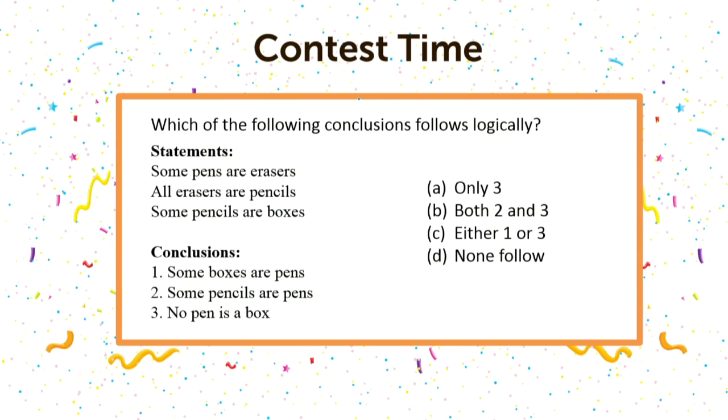Today we are discussing the Venn diagram method. Make the Venn diagram and find out which of the answer options A, B, C, D is correct, based on which conclusions follow logically. Once you have solved it, post the answer in the comment section.